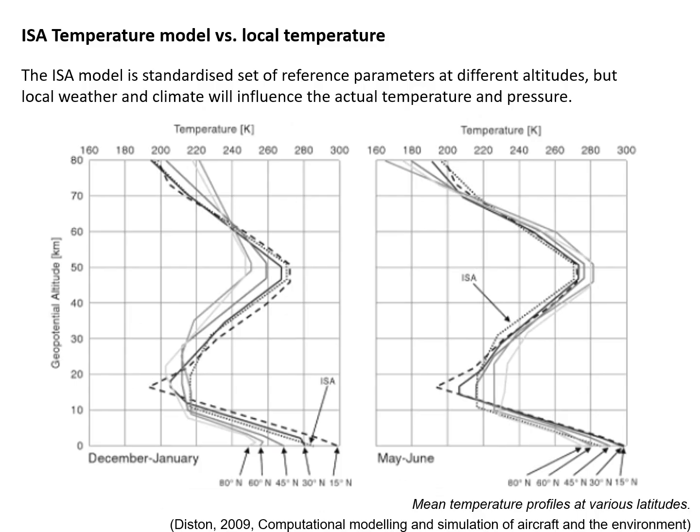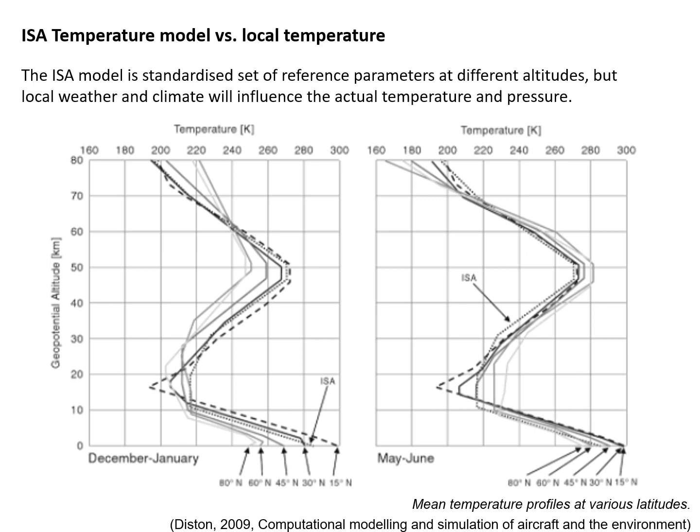So we know the ISA model is a standardized set of reference parameters at different altitudes, but the local weather and the climate will influence the actual temperature and the pressure, and it will be different from the ISA temperature. For example, here we have two graphs. It compares the local temperature across different times of the year.